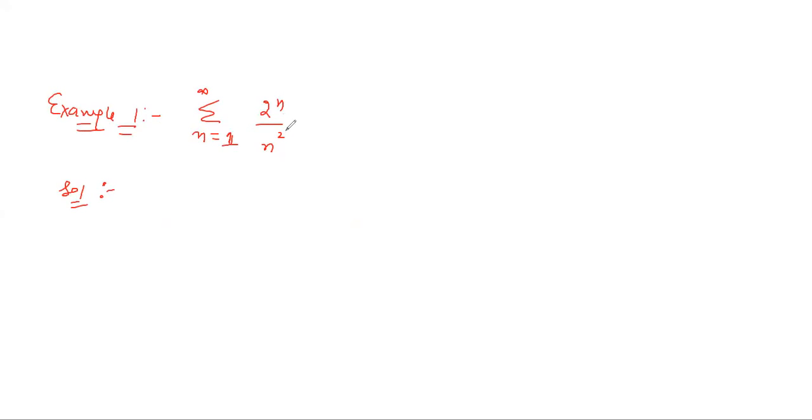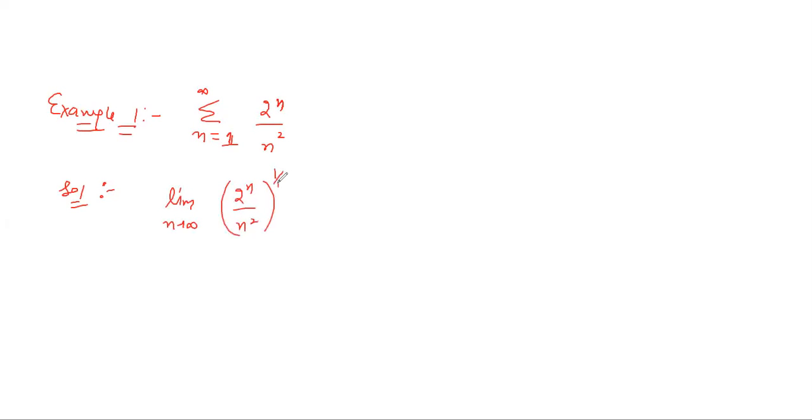Similarly, if the general term an has n coming in the power, then it is recommended that you try the root test, because you can see how it's going to be simplified. So I'm doing this with the root test.